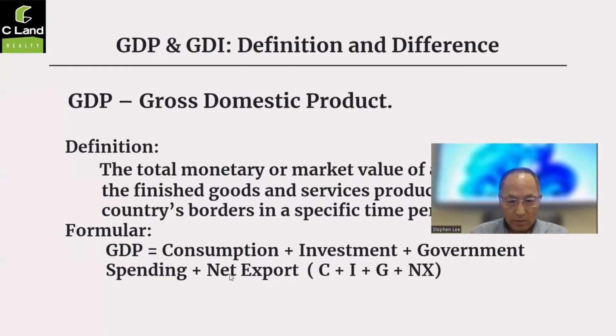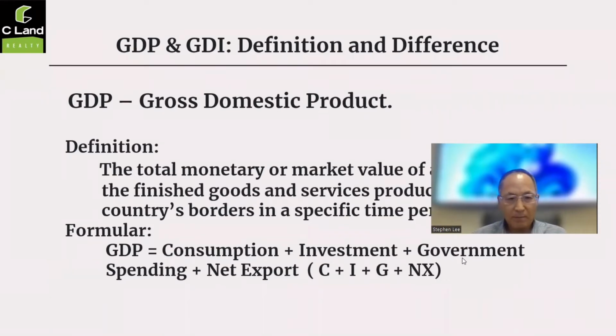I think we can kind of imagine consumption. Okay, by the way, we will explain a little bit detail. And investment, of course, company invest, and also real estate investment is included in this category, investment. And government spending.